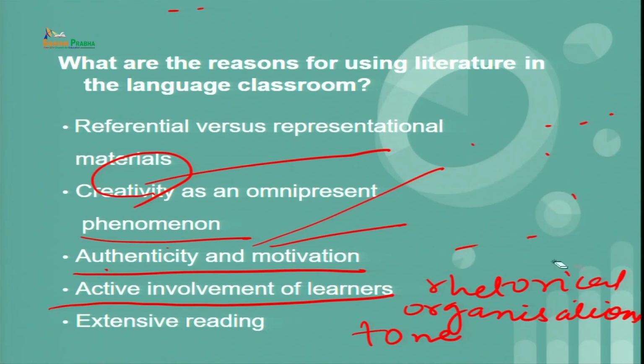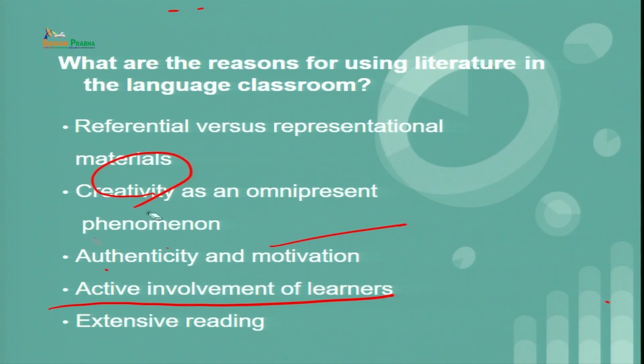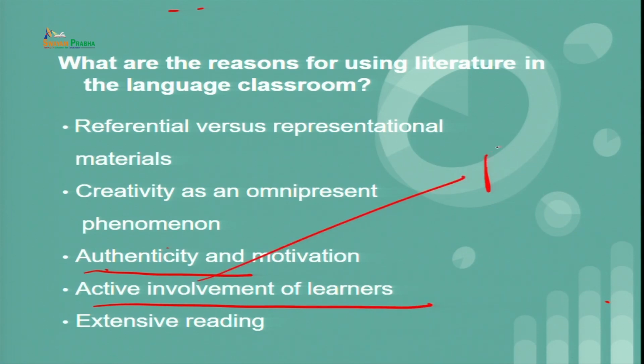So, how come learners are actively involved when it comes to reading literature or teaching language through literature? Active involvement mainly refers to the fact that what is important is not the result of the interpretation, but the process that is involved in reading the literature.